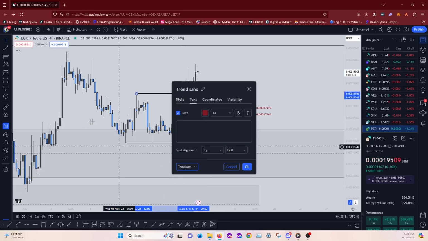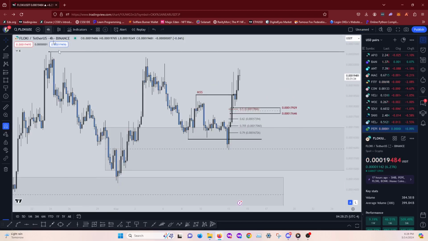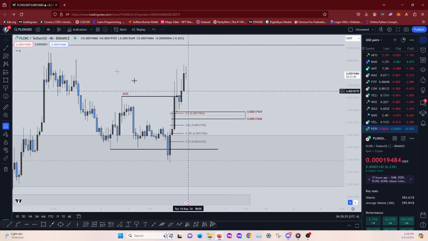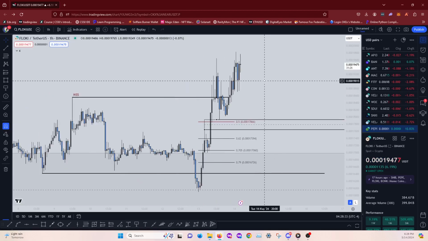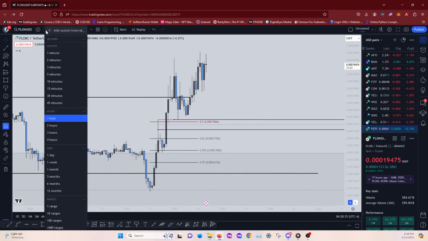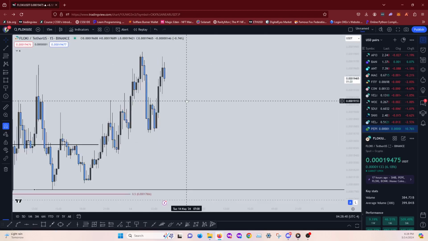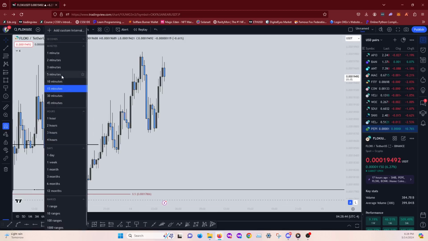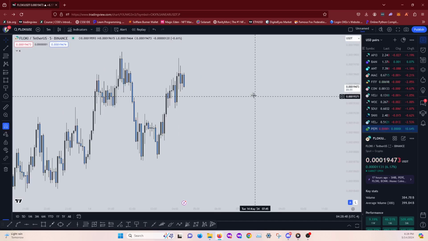So this is the internal range, obviously. And yeah, I'd be obviously waiting for a retest of range discount and potential continuation to the upside. So structurally, there's not much going on the lower time frames for me to want to take an entry here. I'd be waiting for the 4 hour and considering a swing long.